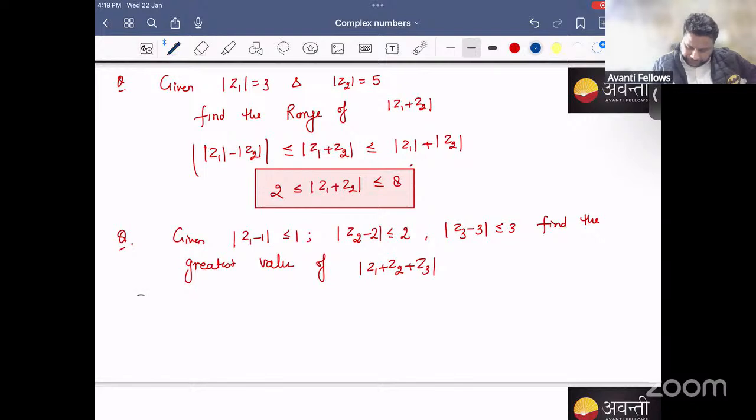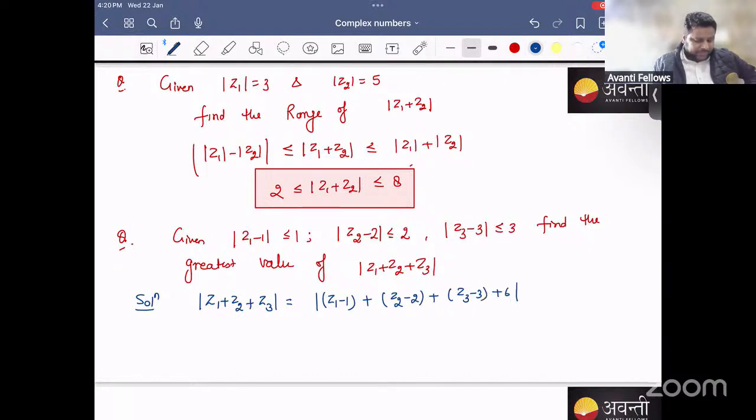Now see, this magnitude of Z1 plus Z2 plus Z3 can also be written as magnitude of (Z1 minus 1) plus (Z2 minus 2) plus (Z3 minus 3) plus 6, which is less than or equal to magnitude of Z1 minus 1 plus magnitude of Z2 minus 2 plus magnitude of Z3 minus 3 plus 6, which is less than or equal to 1 plus 2 plus 3 plus 6, which equals 6 and 3, 9 and 2, 11 and 1, 12.